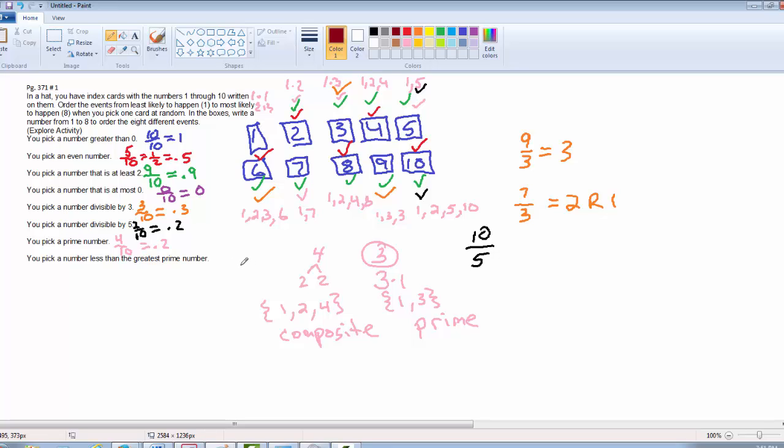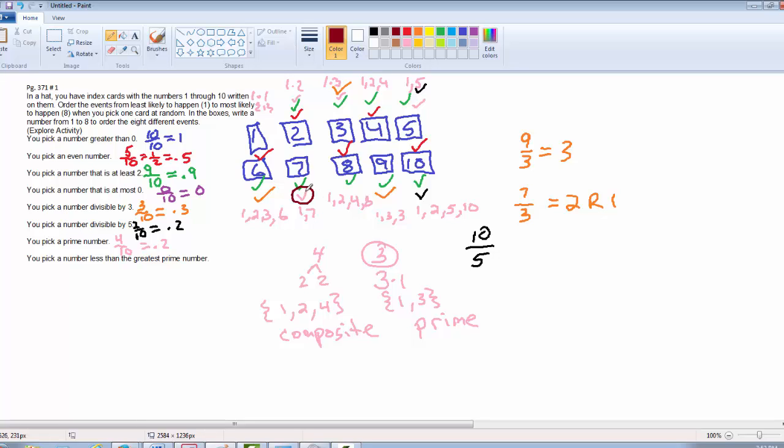Let's think about that. The greatest possible prime, in our set of numbers, we have to go back to all our primes, we're looking for the little check mark, would be here. You pick a number less than the greatest possible prime.